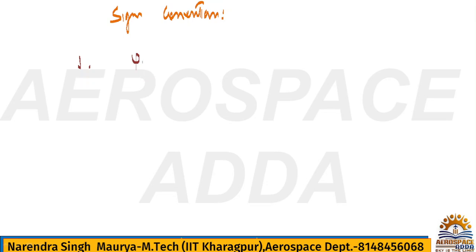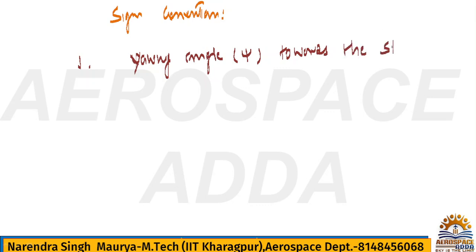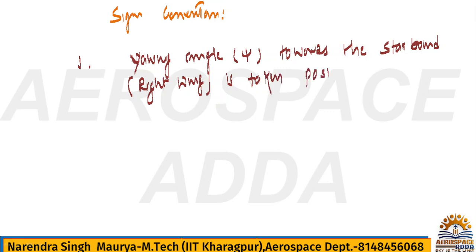The yawing angle, which is denoted by psi, towards the starboard, starboard in the sense of the right wing, is taken positive. This is the sign convention.